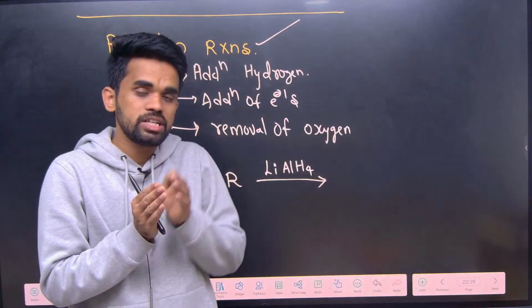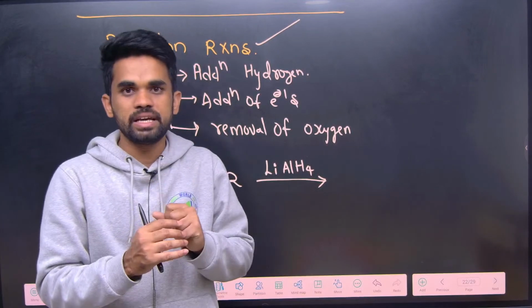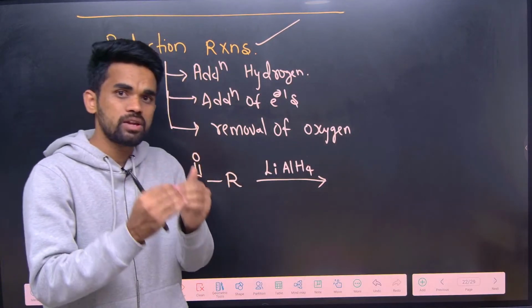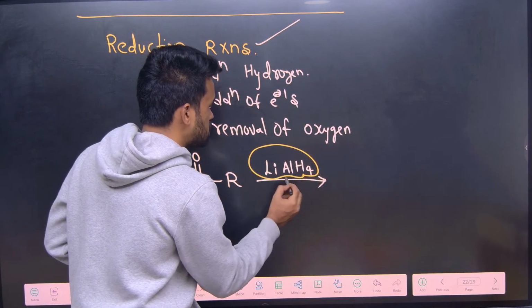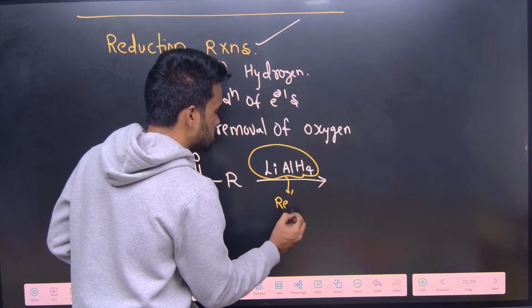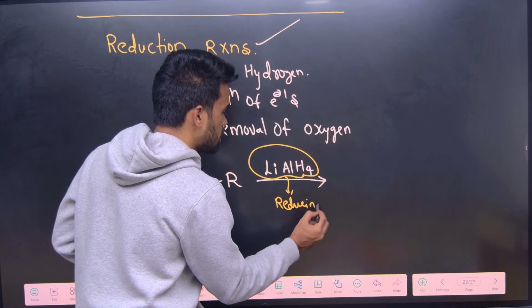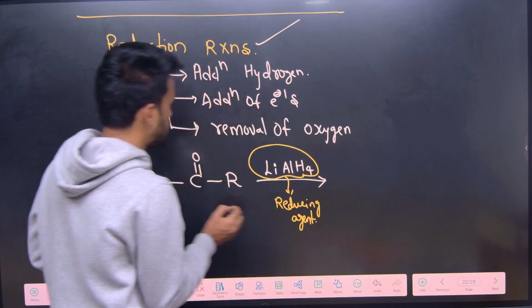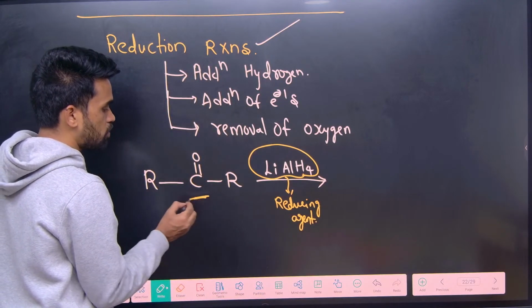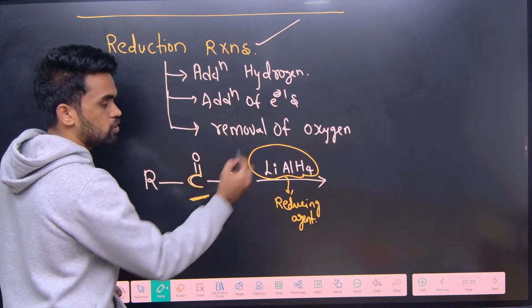See, for oxidation purposes, we used an oxidizing agent. For reduction purposes, we are using a reducing agent. Lithium aluminum hydride is the best example of a reducing agent. It reduces this carbonyl group, this carbon, into some other form.